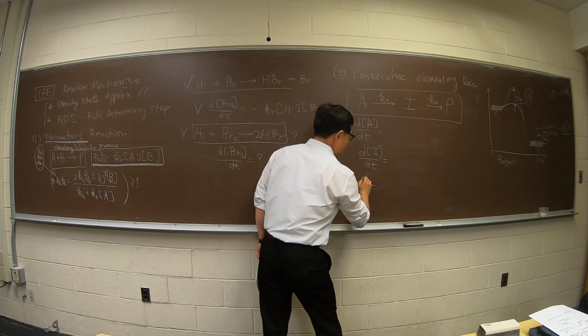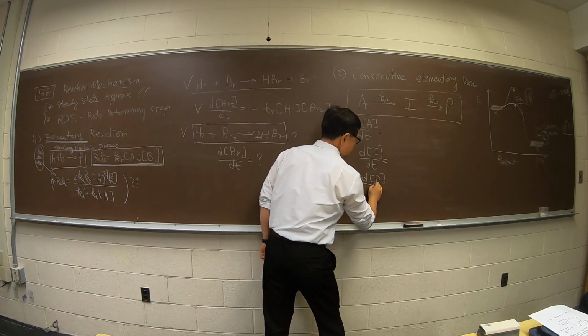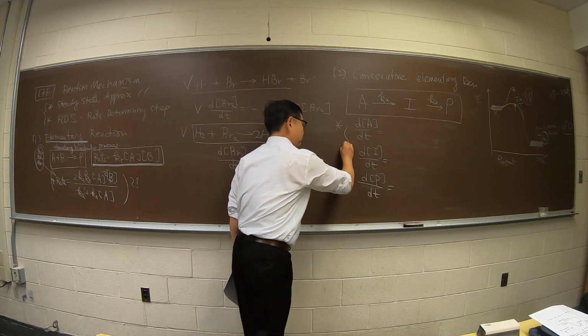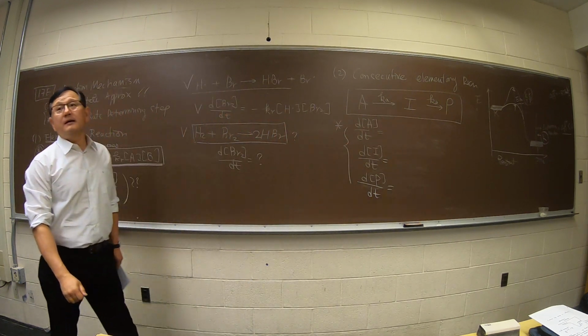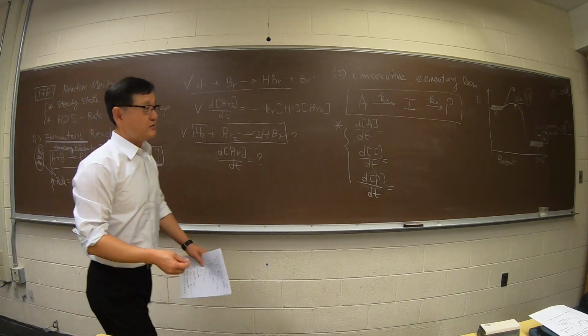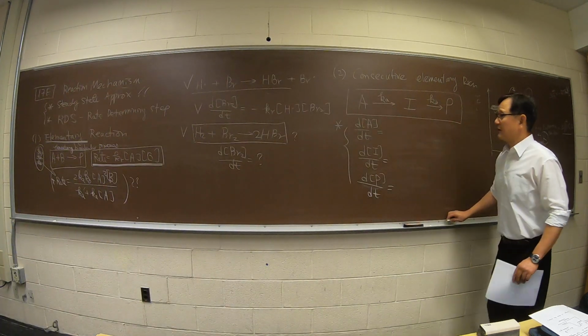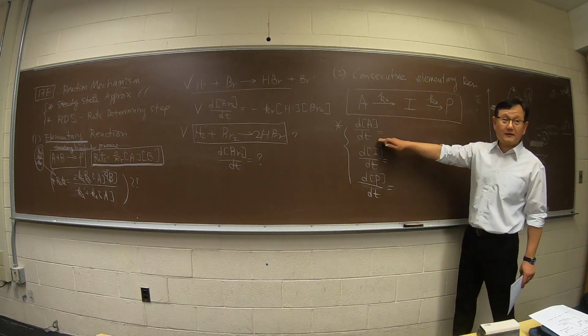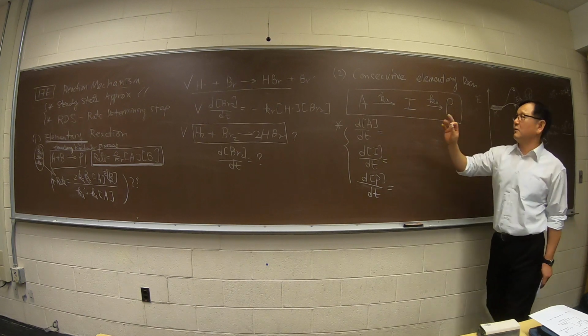I want to know how product is changing as a function of time. This is the first thing that you should know. Okay? And probably this is the most complicated equation that would ever be put into a GRE test, if somebody wants to go to that. So, okay, as far as this is concerned, just focus on one by one.